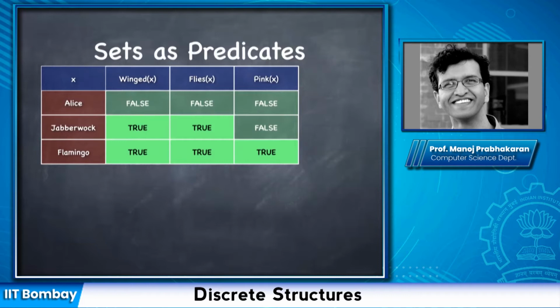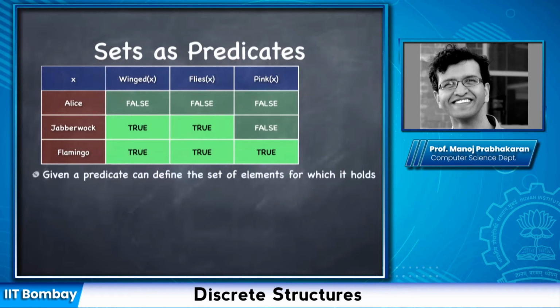Okay, so let's think of sets using the propositional calculus we saw earlier, and in terms of predicates that we defined earlier. So here is an example from when we defined predicates. These are the universe, or the domain of discourse, and here is a predicate winged.